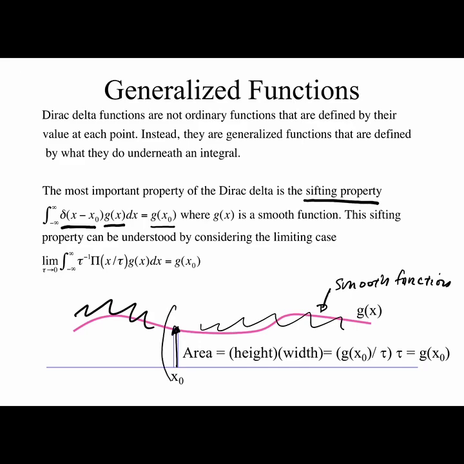The only place the integral is going to have any contribution is right around where the Dirac is. And when I integrate it, because the Dirac has an area of 1, it just gives me my function value back. So it's a way of sampling my function.